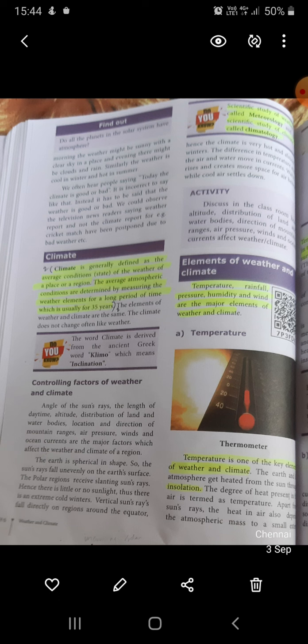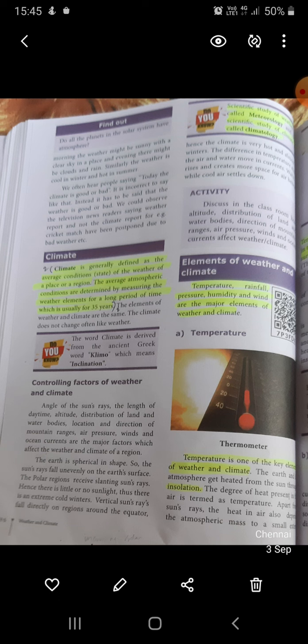Thus there is an extreme cold winter. Vertical sun rays fall directly on the regions around the equator, hence the climate is very hot with almost no winter. The difference in temperature makes the air and water move in currents.